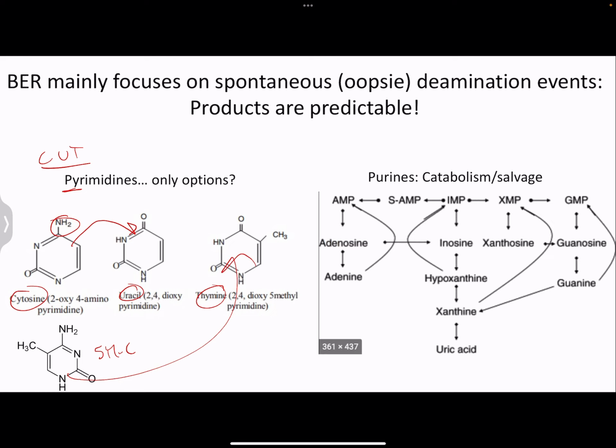What about the purines? Well, if you know the salvage and catabolic pathway of the purines, this will help a bit. Remember that we had ADA convert adenosine into inosine, and adenine into hypoxanthine, and then guanine gets converted into xanthine. Those are just deamination events that are coordinated. Here, though, with BER, we're talking about non-coordinated, just oopsie deamination events.